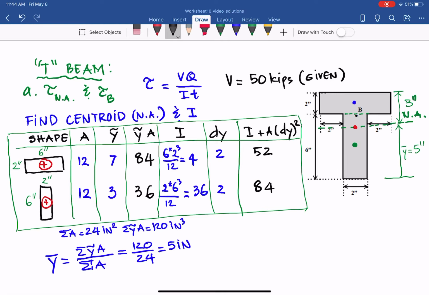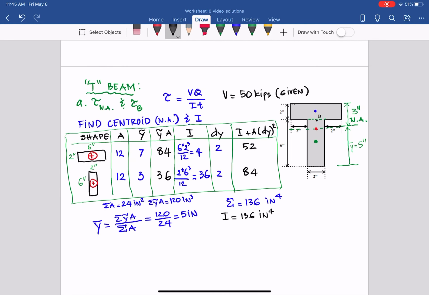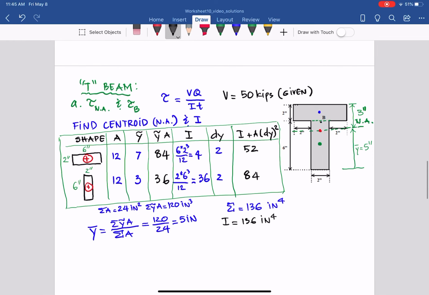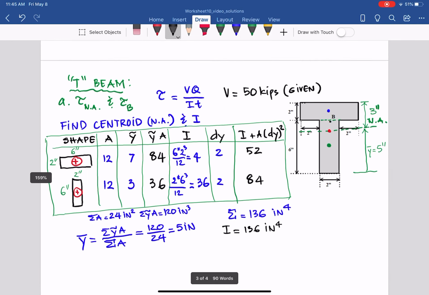From that, the sum of all of that, 52 plus 84, equals 136 inch power 4, and that is the I we are looking for, the area moment of inertia, 136 in 4. As you can see, it takes some time to find the centroid and the area moment of inertia.